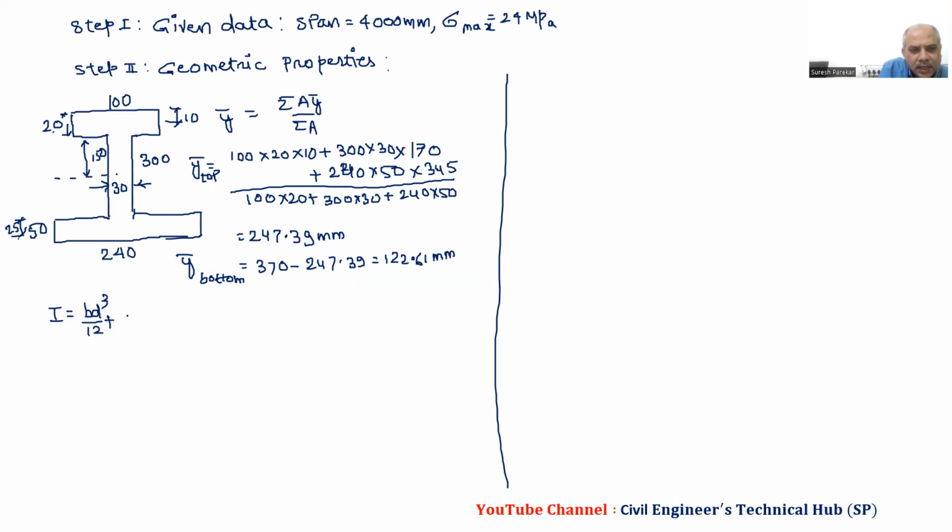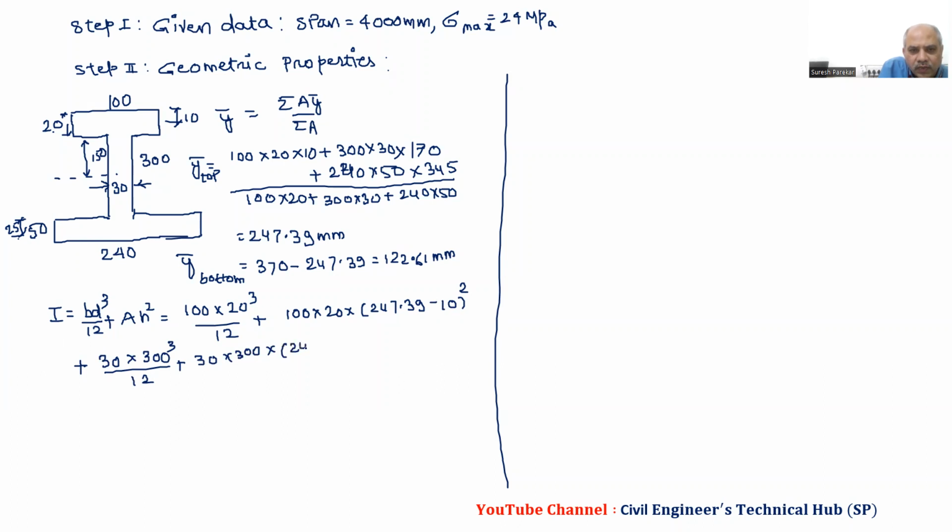I is equal to BD cube by 12 plus A into H square. And then this will be 100 into 20 cube by 12 plus 100 into 20 into 247.39 minus 10 whole square, plus 30 into 300 cube by 12 plus 30 into 300 into 247.39 minus 170 square, plus 240 into 50 cube by 12 plus 240 into 50 into 345 minus 247.39 whole square.